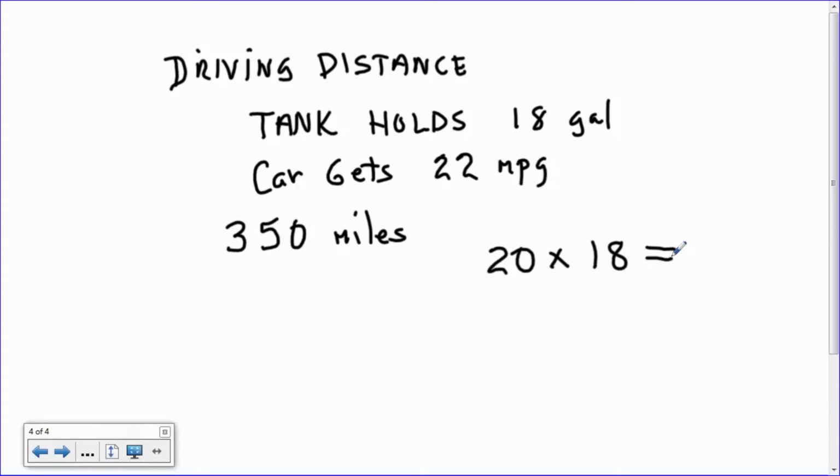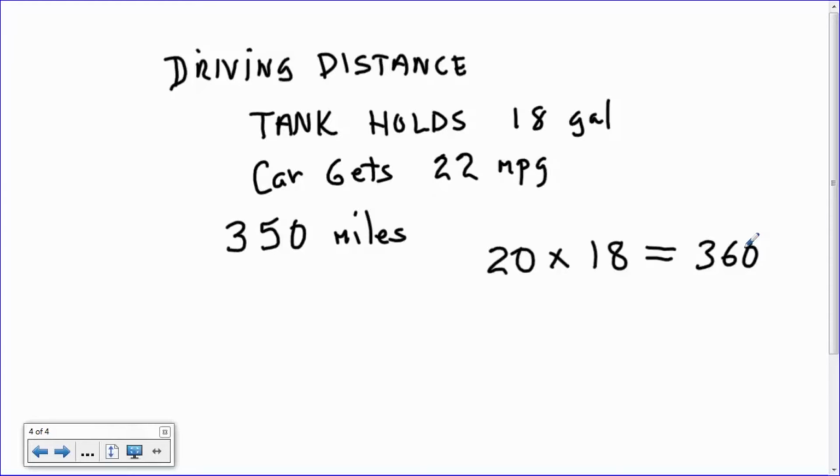In this case, using 20 times 18, it's really 2 times 18, which is 36, and that's 360 miles. So you can get 360 miles, and you only have to go 350 miles, and so you're good to go.